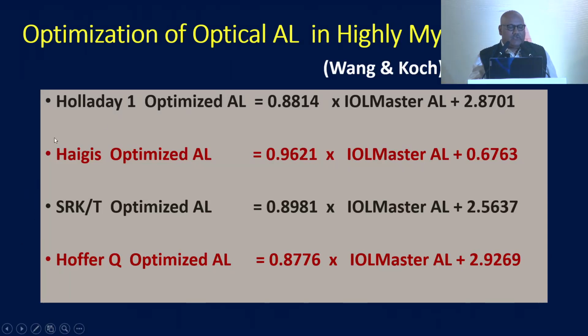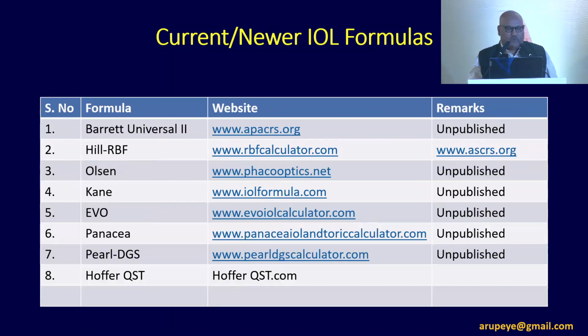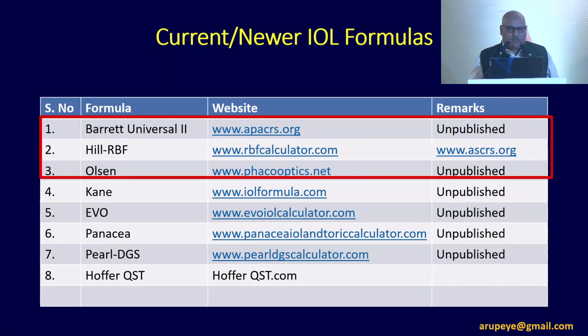If you are using these traditional formulas, Holladay 1 or Hoffer Q, SRK/T, and you measure the axial length using optical biometry, it usually overestimates the axial length. So you have to modify the axial length by a Wang-Koch factor, and this factor varies from formula to formula, to get at the true axial length before you use the standard formulas. Now, if you are using the newer formulas, you don't really need to make this Wang-Koch adjustment, and you can use these formulas as such.